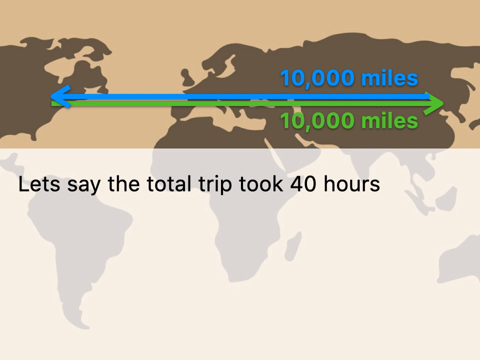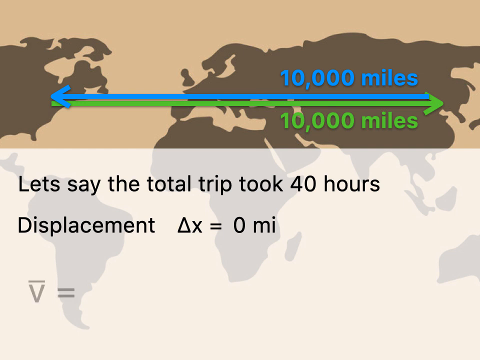So your initial position is Boston, and your final position is Boston, because eventually you do come home. So even though the distance you went is 20,000 miles, the displacement from Boston to Boston is still 0 miles. So even though you went a tremendous trip for hours and hours, your total displacement is still 0.